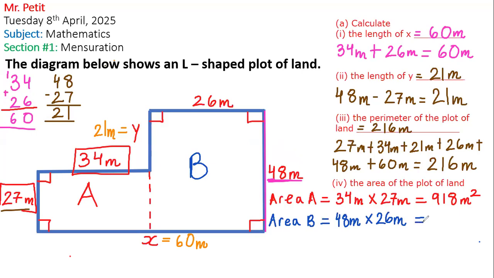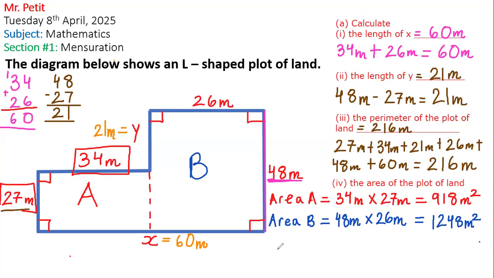So we have 48 multiplied by 26, which is 1,248 meters squared. Very good.